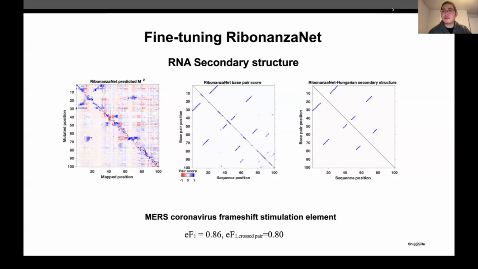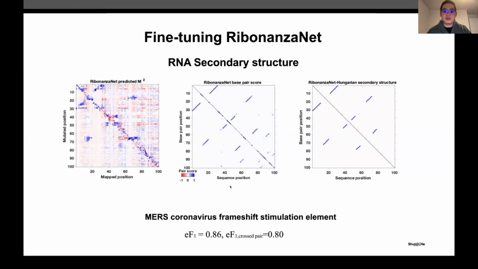However, when we fine-tune RibonanzaNet to predict RNA secondary structure using about 800 secondary structures extracted from actual 3D structures on the Protein Data Bank, we saw that RibonanzaNet was able to produce really accurate base pairs that are also visually in line with the profiles predicted on the mutant map experiments. And after using the Hungarian algorithm, we get a really nice secondary structure prediction.